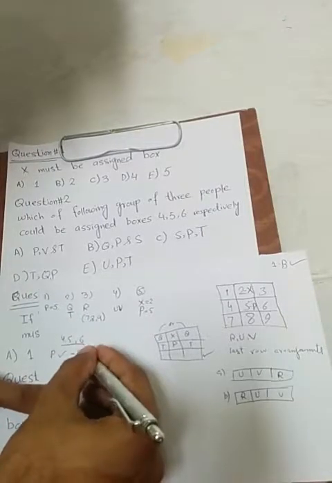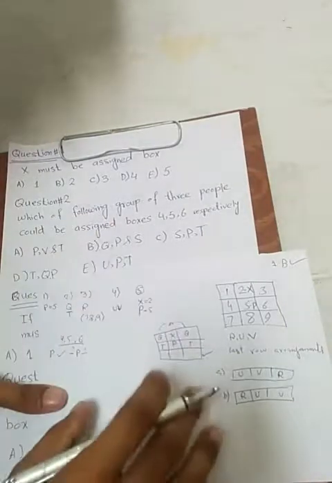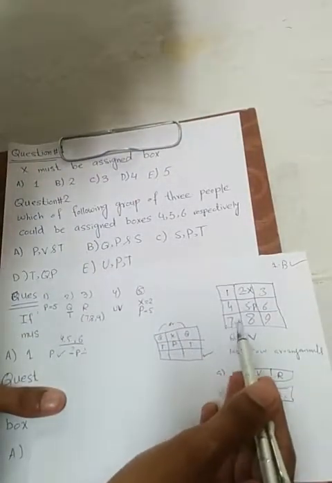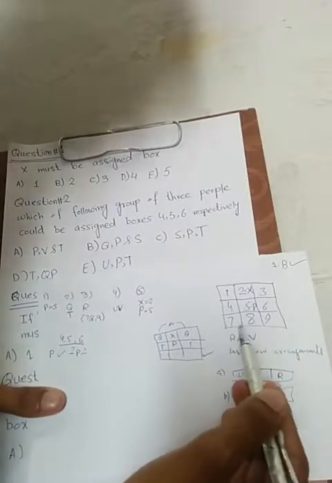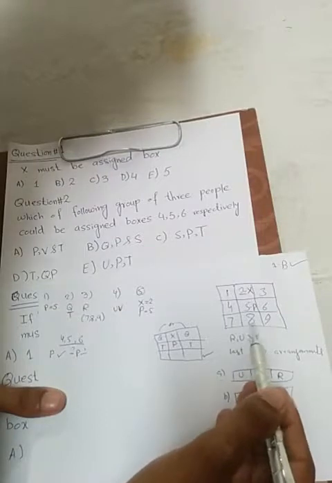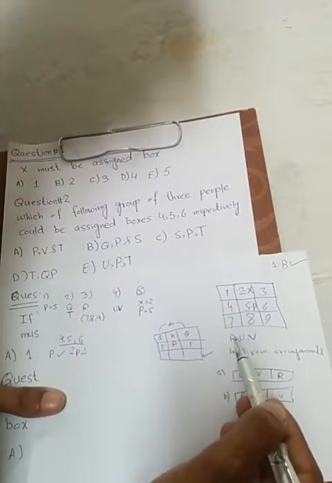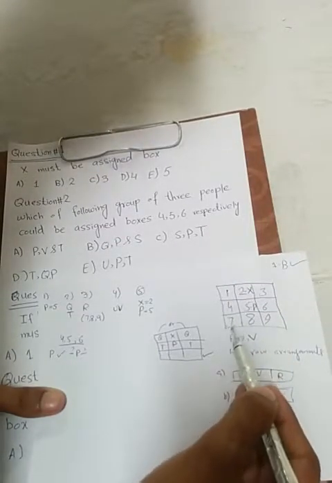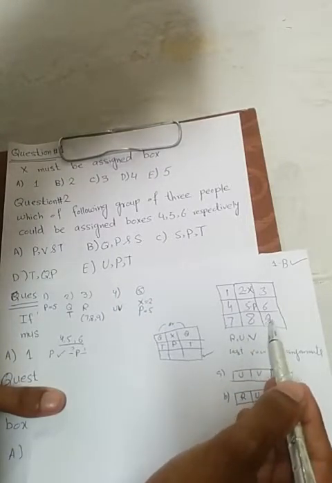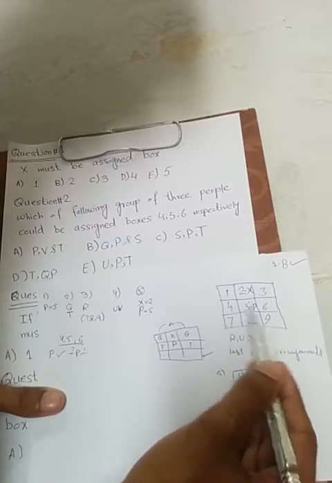So that is the first condition. Second, I earlier mentioned this row will be filled by V, U, and R. There are no other possible positions for V, U, and R in the figure. So if V, U, R fill this row, they would not come here in 4, 5, and 6.